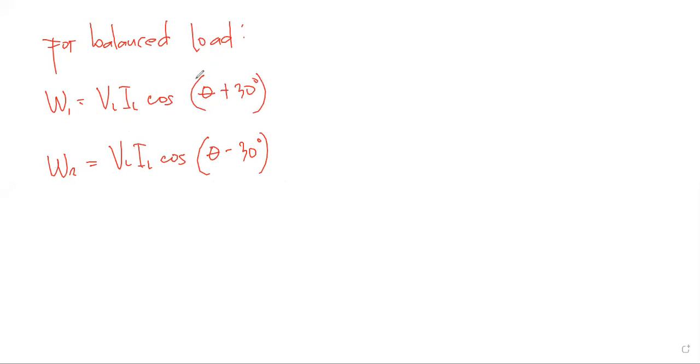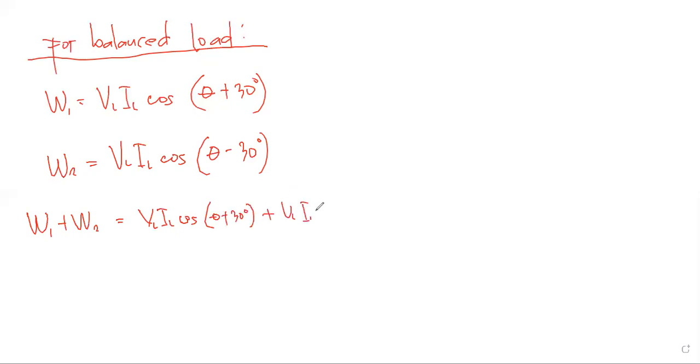Take note, this is for balanced load. So how do we obtain the total power? What will happen if we add wattmeter 1 plus wattmeter 2? You will have VL IL cosine of theta plus 30 plus VL IL cosine of theta minus 30.